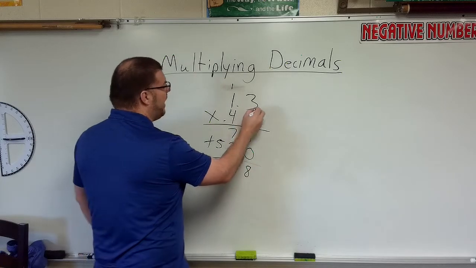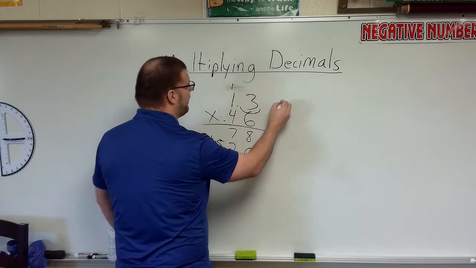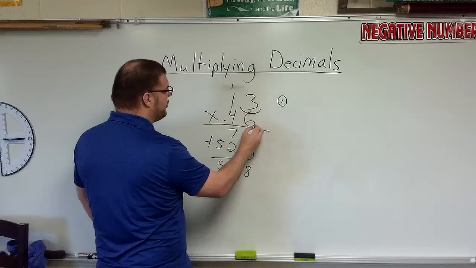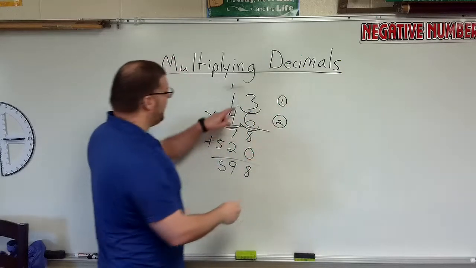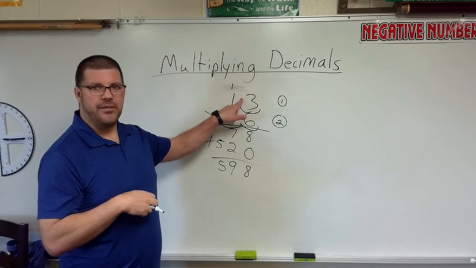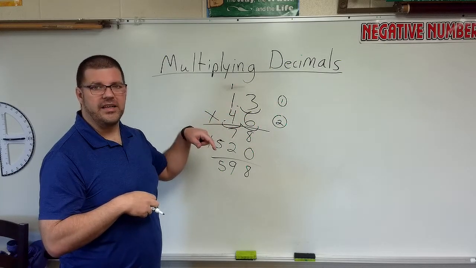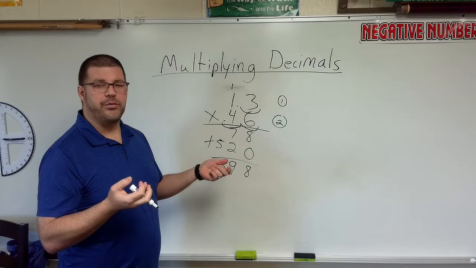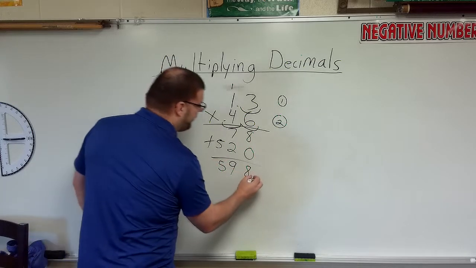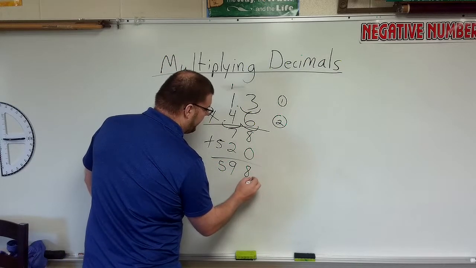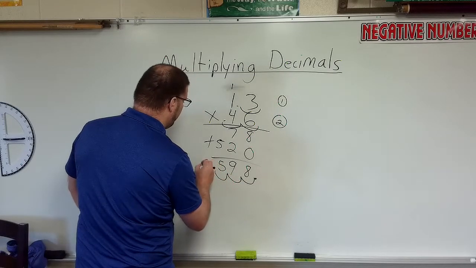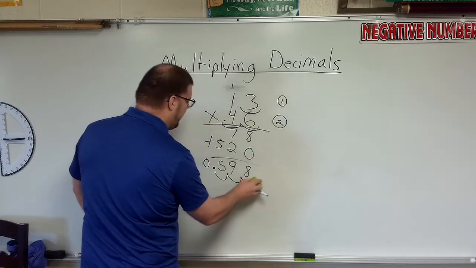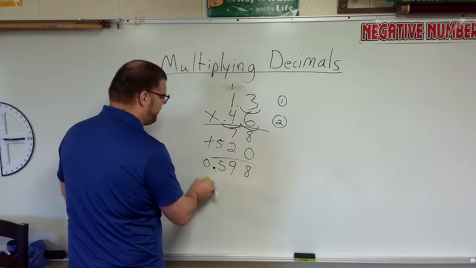So look, I have one hop here, so I'm going to put a little 1 here. And look, I got 2 here. 1, 2. I had 1 decimal hop on the top. I have 2 decimal hops on the second number, right? So I have 3 total. So you come to your answer, and then you got 1, 2, 3. 0.598 would be the answer.